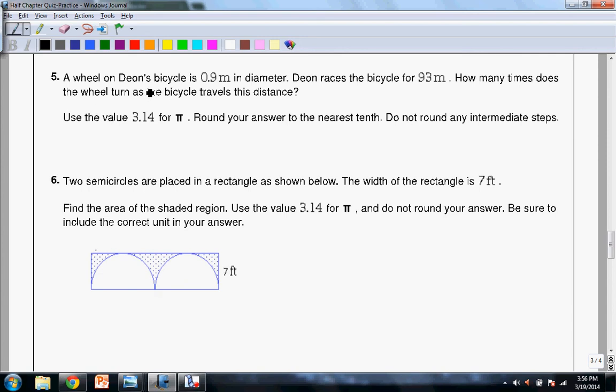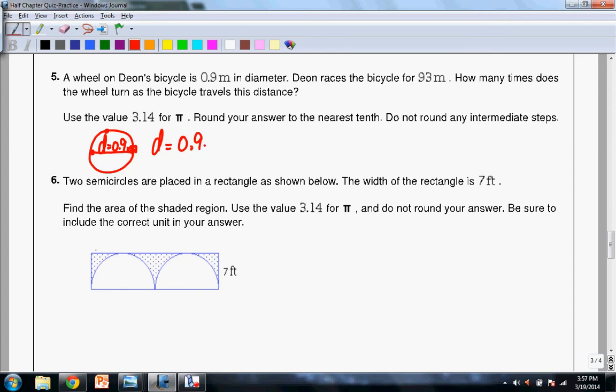Number 5, it says a wheel on Dion's bicycle is 0.9 meters in diameter. So we have a wheel here, and the wheel is 0.9 in diameter. So we write D equals 0.9 meters.